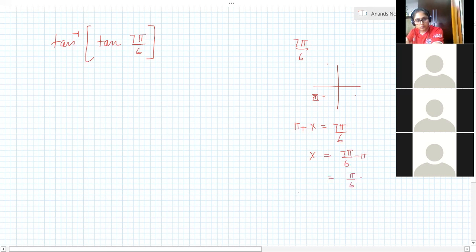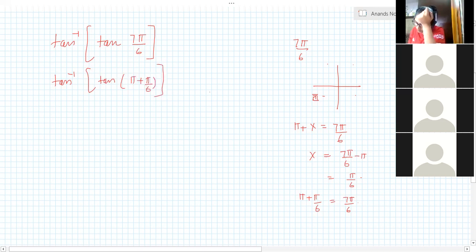So pi plus pi by 6 is equal to 7 pi by 6. Correct, no? Yes, sir. You don't have to do this all the time. When you are a little experienced, 7 pi by 6 means you immediately say pi plus pi by 6. By doing this, we get tan of 180 plus theta.